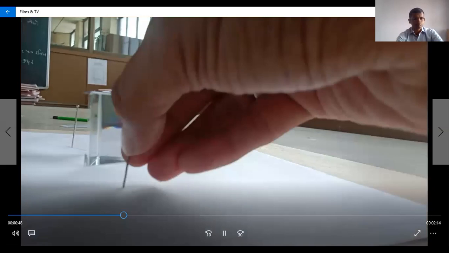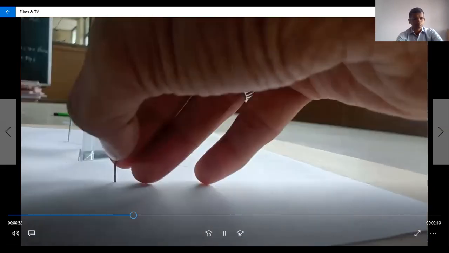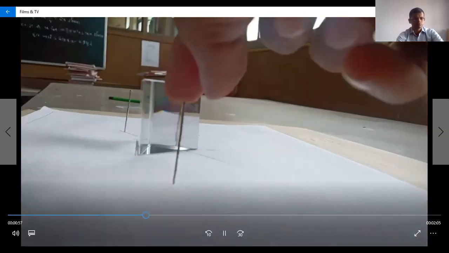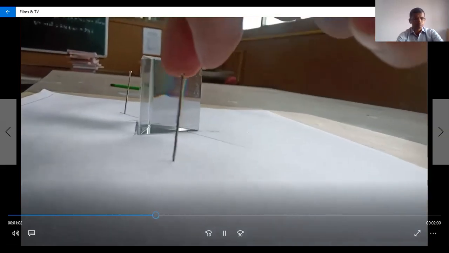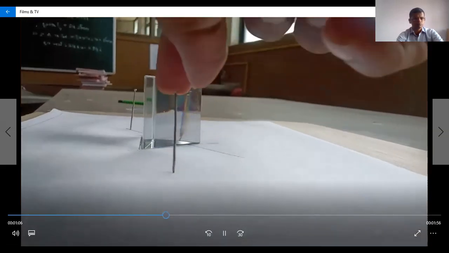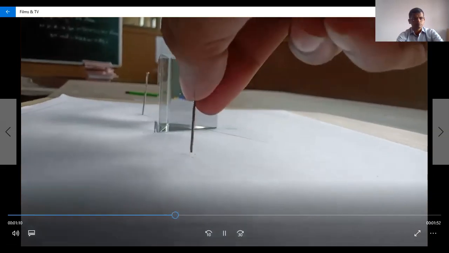So for this angle we show here, the straight line should be found, because at another angle it is not possible. So it is only one angle where we find a straight line.